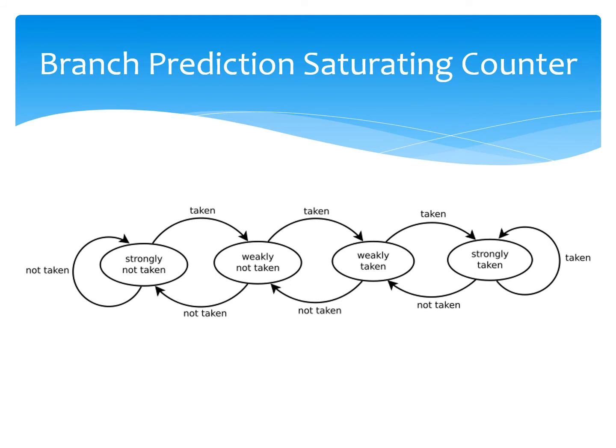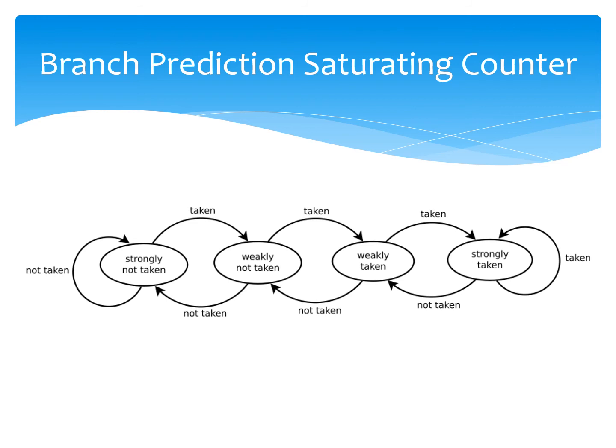As shown on the screen is a 2-bit branch predictor, which is a state machine with 4 states. That is, strongly not taken, weakly not taken, weakly taken, and strongly taken.